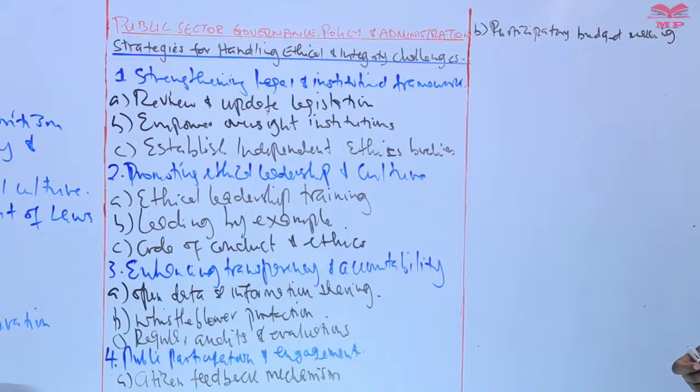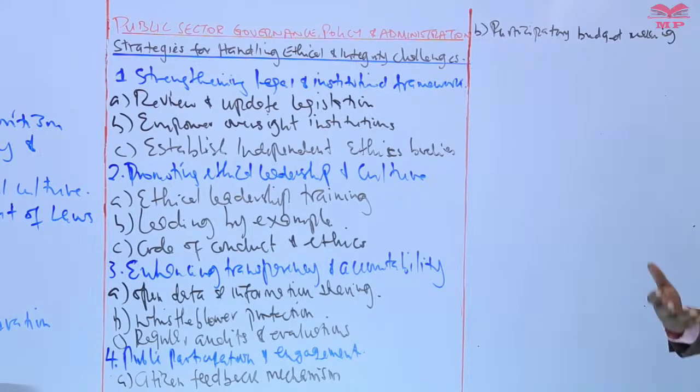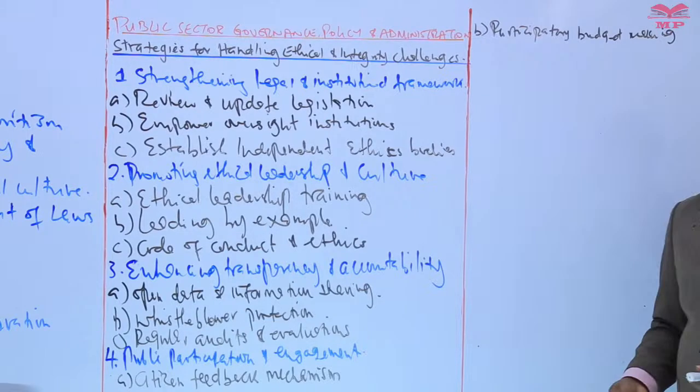That involves involving citizens in the budgeting process, which can then help to ensure that public resources are allocated in a way that reflects the priorities of the community.